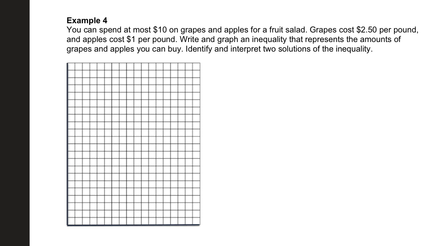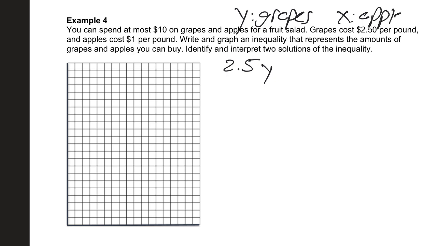So what we know is we have $2.50 times every grape. I'm going to use y, so my y here is going to stand for my grapes, and I'm going to use x for my apples.